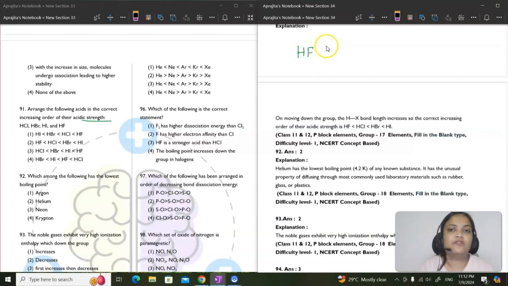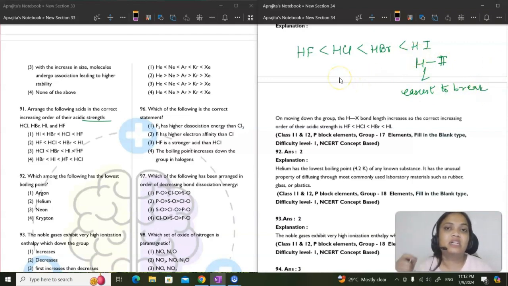So from HF then to HCl, HBr and HI, because this H-I bond is the one that is easiest to break. Okay, easiest to break means the bond strength is the least because of the biggest size of iodine, and because of that the H positive can be liberated very easily. If H positive, meaning the proton, can be removed very easily, it will have more acidic strength.